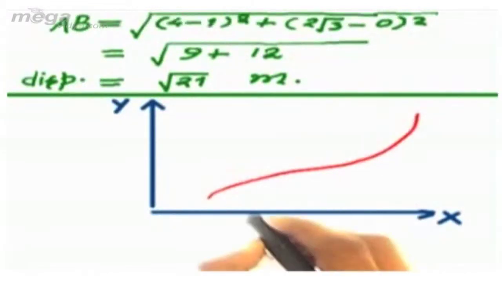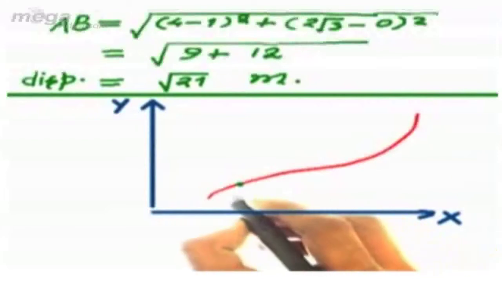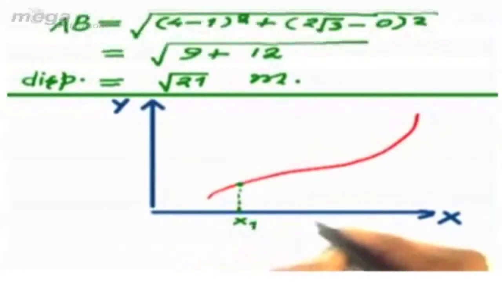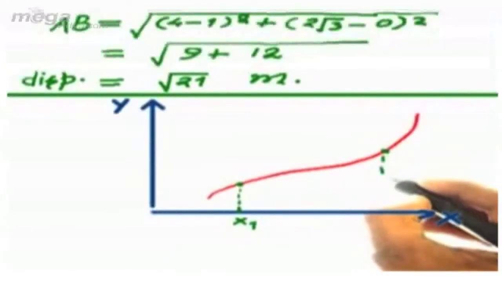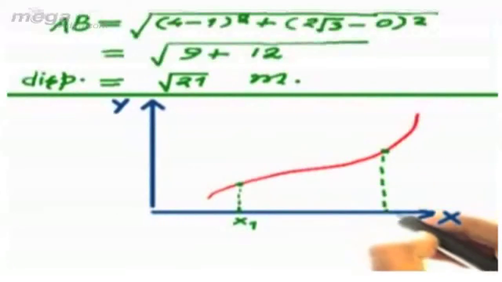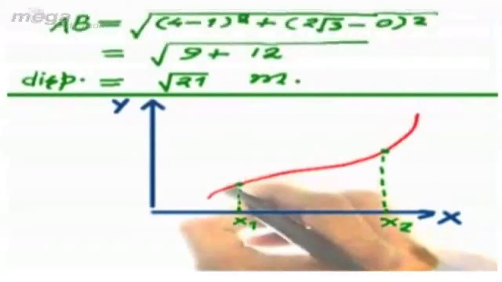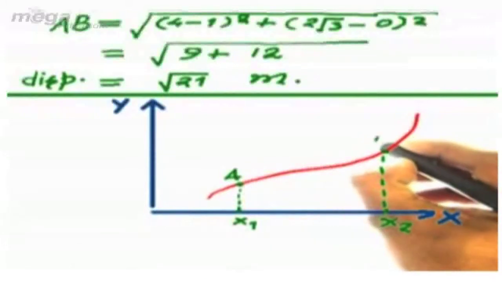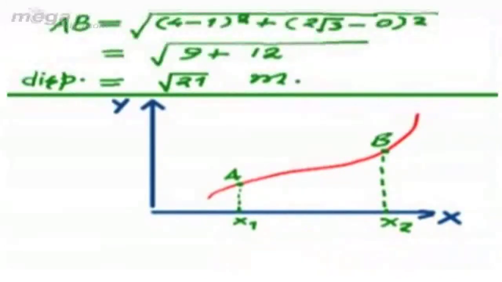For the two given positions, at position A we are taking x equal to x1, and at the other position B we are taking x equal to x2. This is position A, this is position B, between which we have to find the length of the path traveled, because distance is termed as the length of the path traveled.